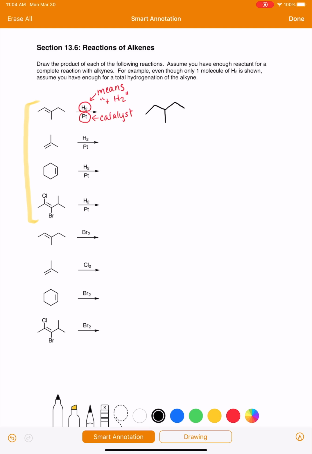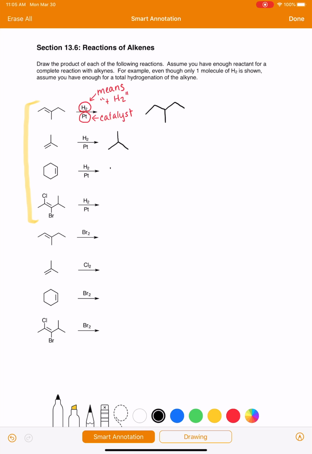Let's look at the next one. Here is our reactant, and we want to redraw that molecule, leave all of the bonds intact, but change the double bond to a single bond. This is really easy, right? Which you deserve, because the cis-trans stuff is really hard. So you deserve to have something that's kind of easy. Let's do the next one.